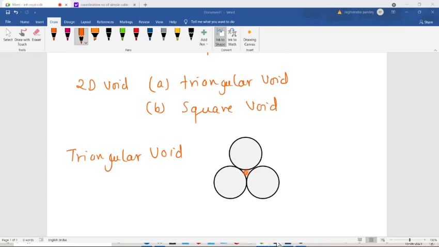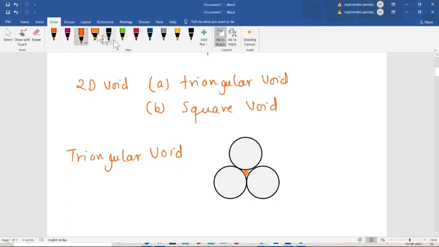You can see the void space which is here.